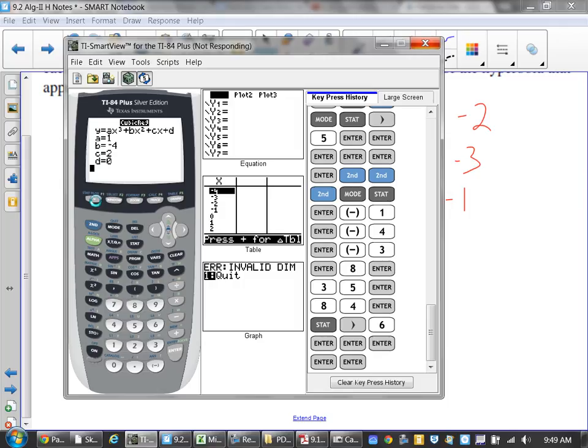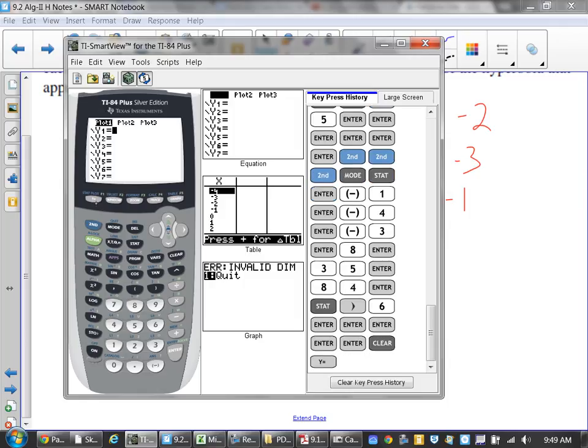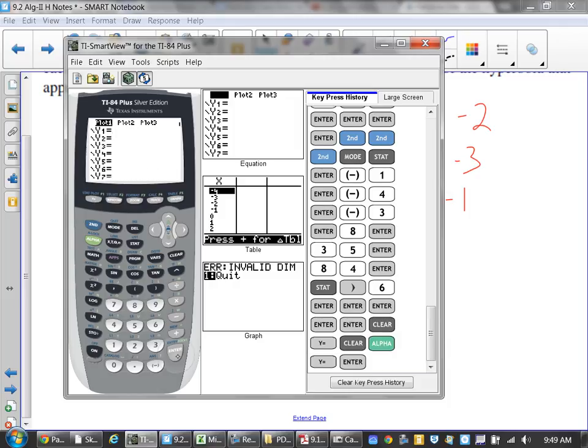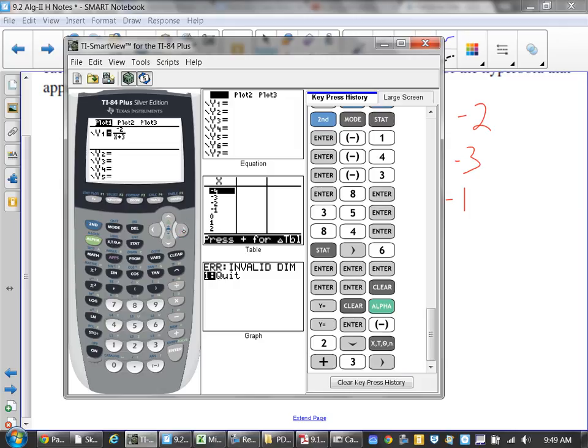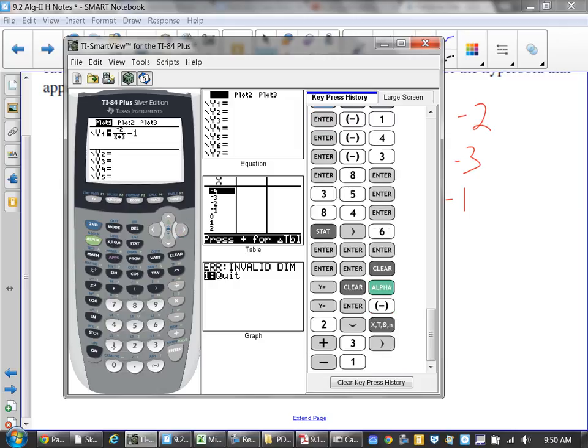You can do that fraction bar by hitting alpha y equals. All minus 1. So it was -2 over x plus 3, all minus 1. They're all fractions. It's okay.